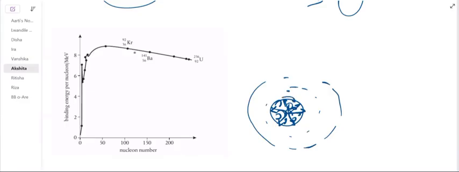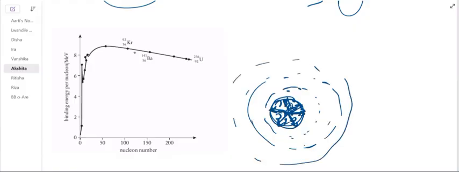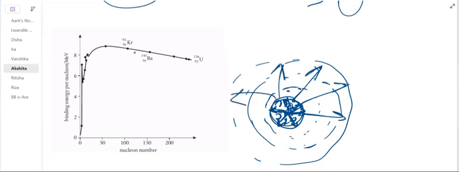Okay. So in the nucleus, a strong nuclear force of attraction is released. Till the point this force is acting, the atom is said to be stable. So till iron, the atoms are said to be stable.